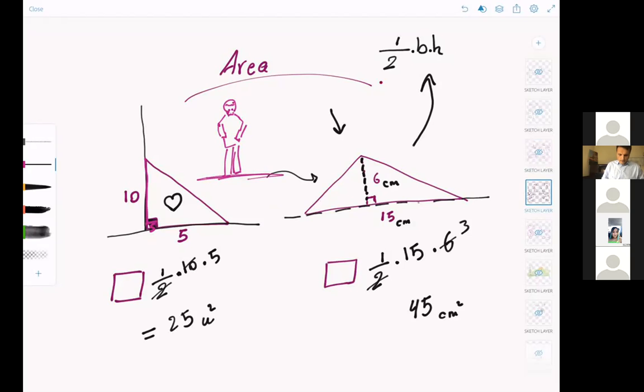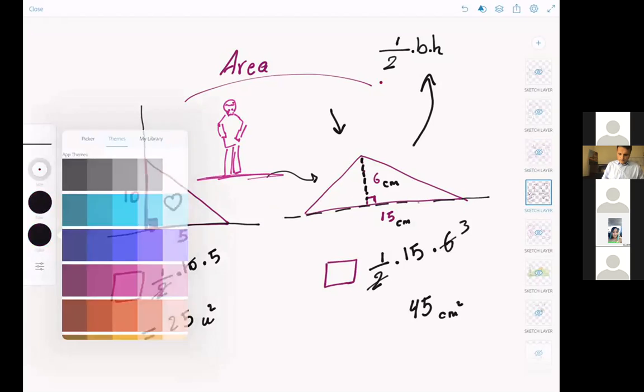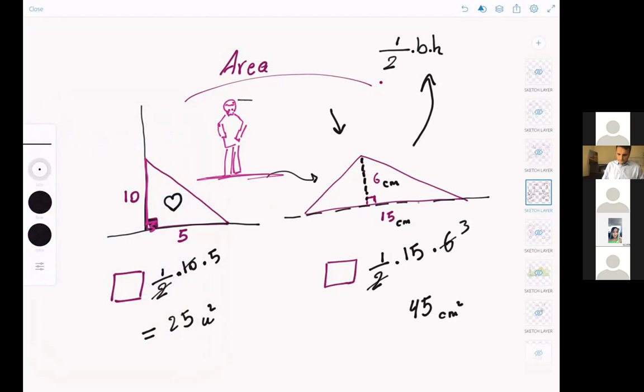We get the height from the top, exactly perpendicular to the ground, correct? This will be the height. That's how we measure the height. I cannot get the tape measure and go this way and say, oh, this is your height. It's going to be 10 feet or 20 feet. So it has to be from the top, has to be perpendicular. I mean, 90 degrees. This is the height.